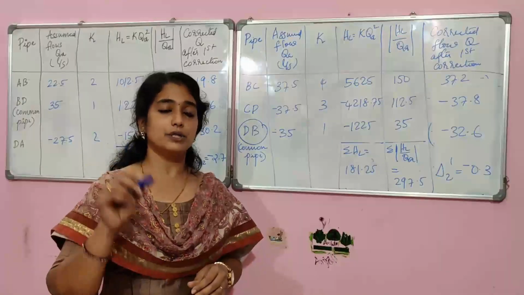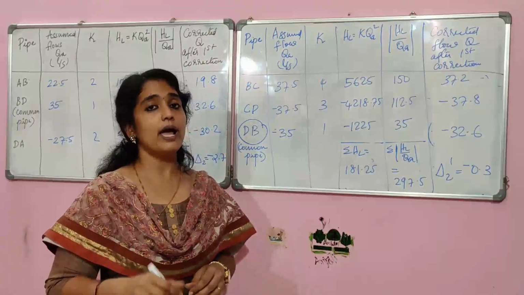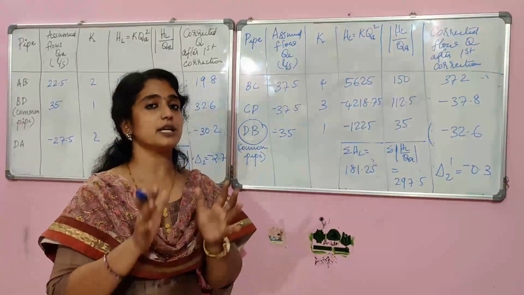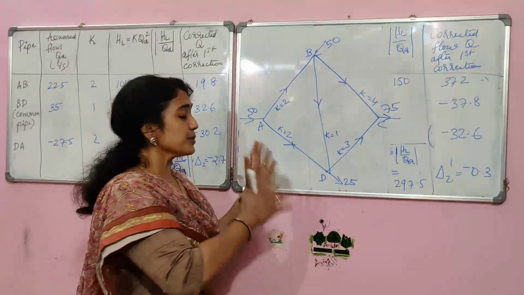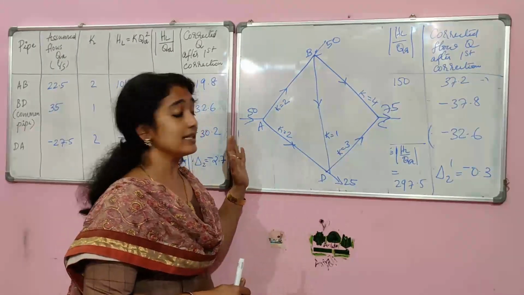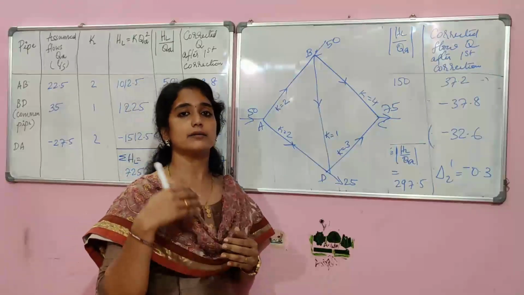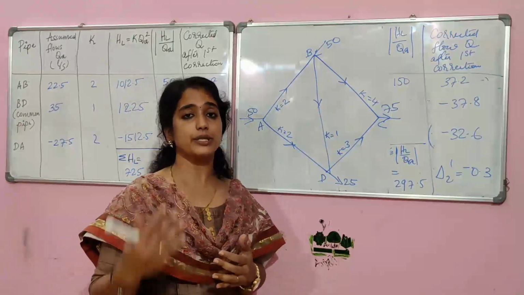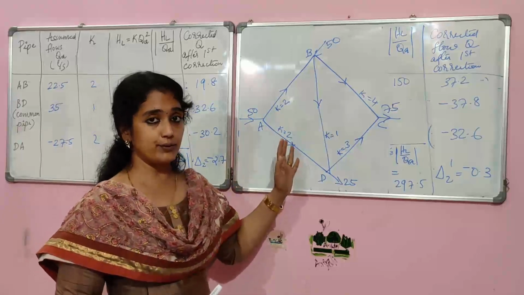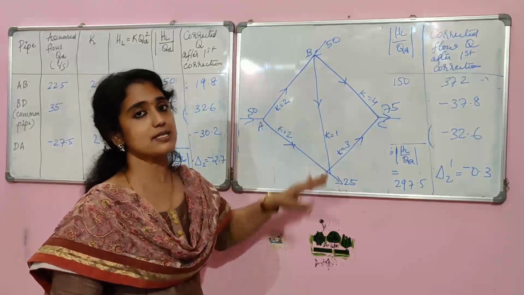That is, the original figure you have to draw, and mark all the corrected flows in that diagram. This was our pipe network that is given for solving and finding the discharge through each pipeline. Then you have to mark all the corrected flows in this pipe network system.